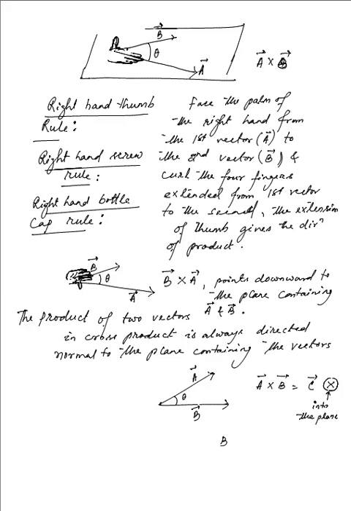In case of B cross A, what you have is the C vector or the C dash vector, because it is a different vector now with a different direction, although the magnitude is the same.